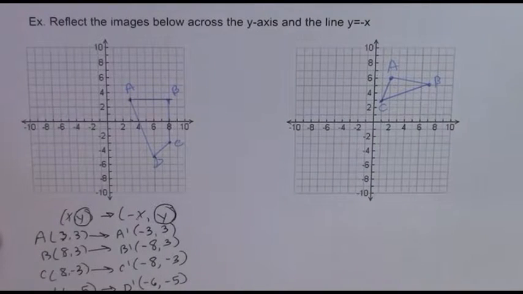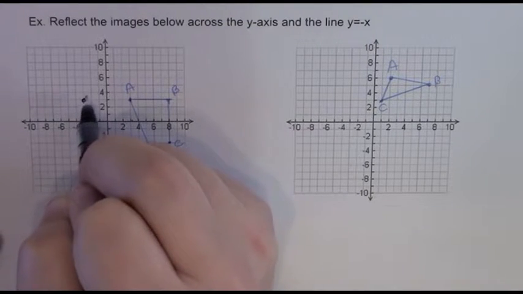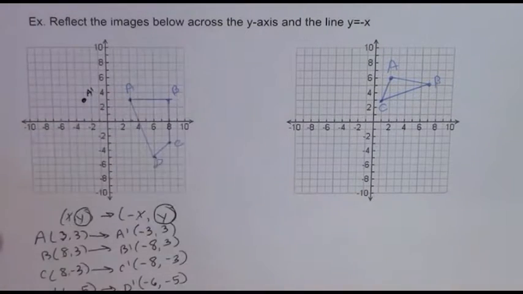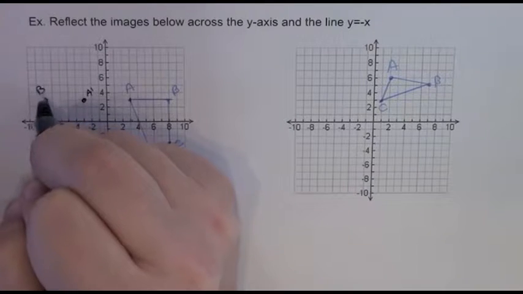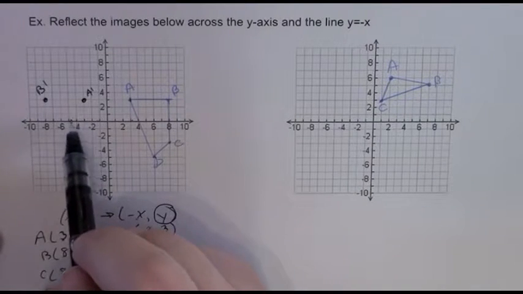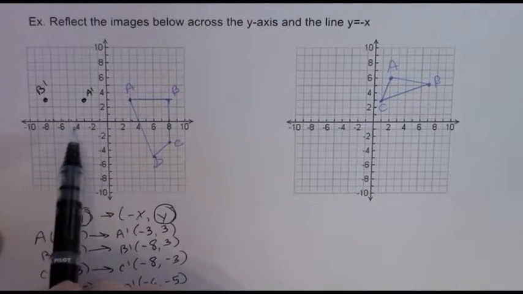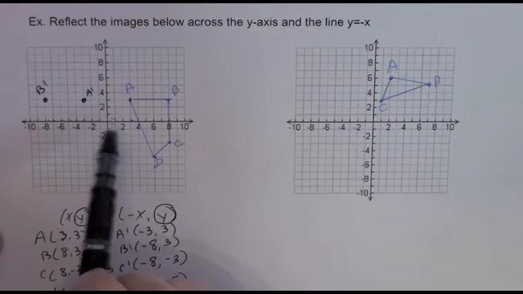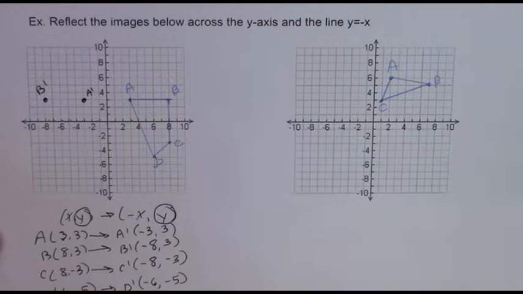Now the final step is to go back to your picture and graph the points. (Negative 3, 3) is A prime. B prime is (negative 8, 3). You are welcome to count 1, 2, 3, 4, 5, 6, 7, 8, but because they're numbered negative 2, negative 4, negative 6, negative 8, it is faster just to go to the negative 8 and then count up 3.